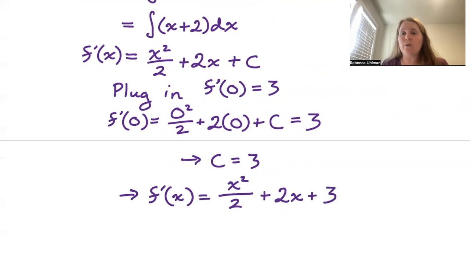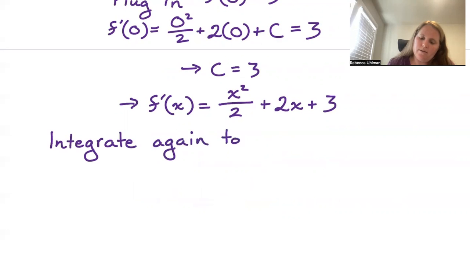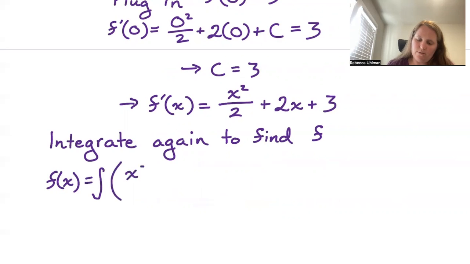From here, once we know f prime, we can once again integrate to find f. So we will integrate again to find f. And we have f of x should be equal to the integral of x squared over 2 plus 2x plus 3 dx.